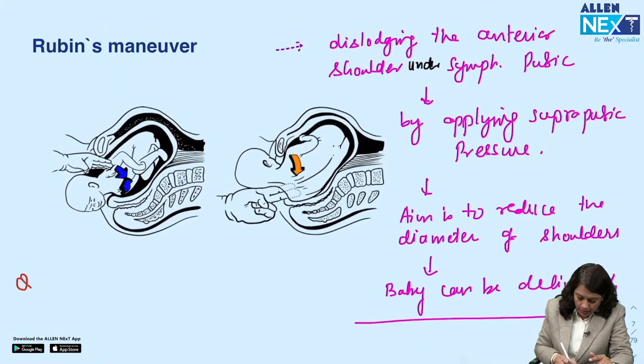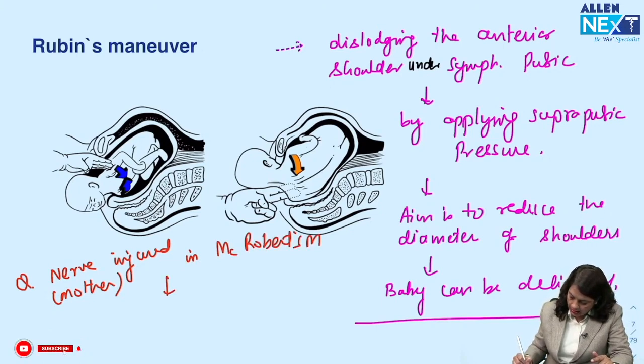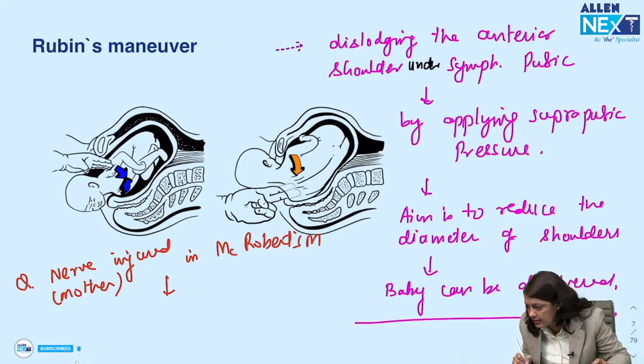Now, important question: which nerve of the mother is injured or can get injured in the McRoberts maneuver? Can you write the answer?